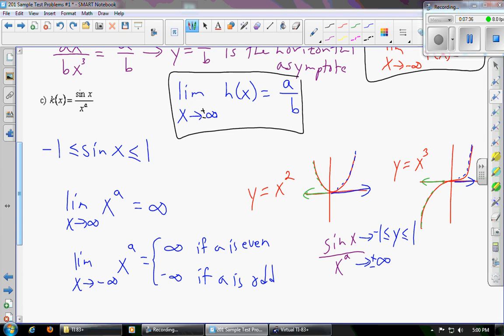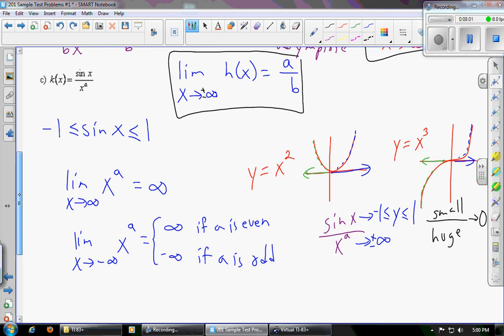And so you've got something upstairs which is relatively small. It's just some number between -1 and 1 bouncing around. But downstairs gets really huge. So this is, very roughly speaking, something pretty small, between 1 and -1, divided by something really, really big. And anytime you have this kind of behavior, the final result actually goes to a nice number. And the nice number is 0.